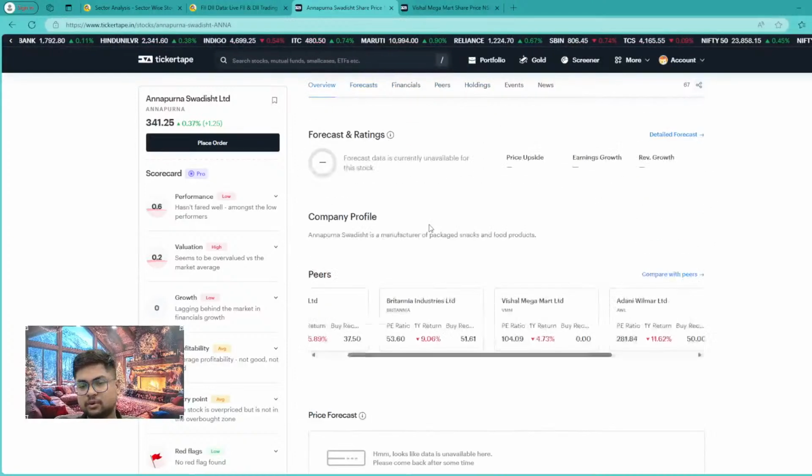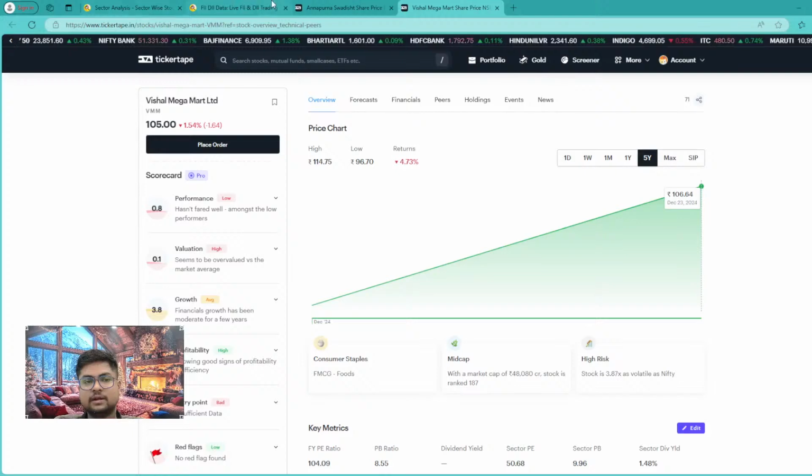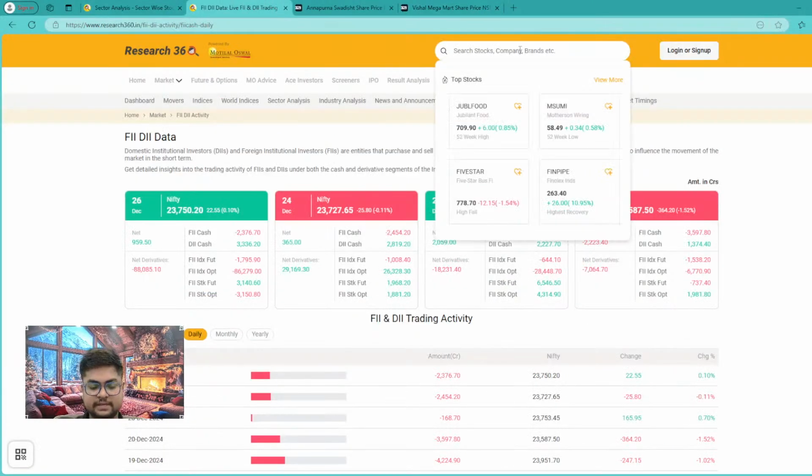Now just have a look at Annapurna from the FII data.